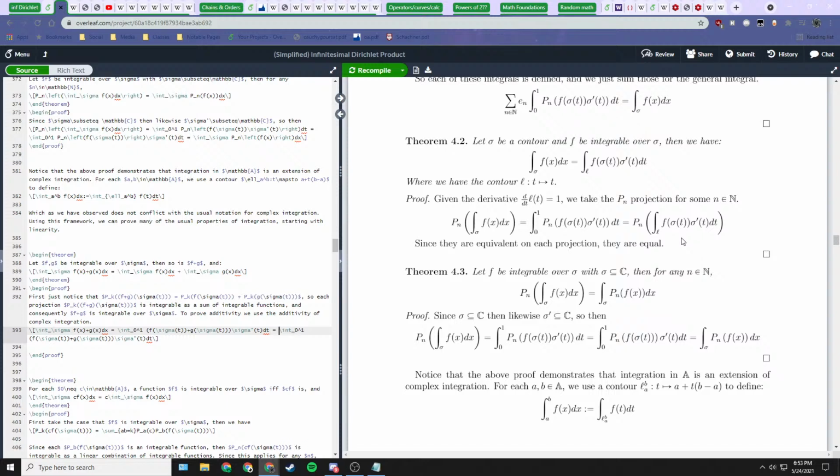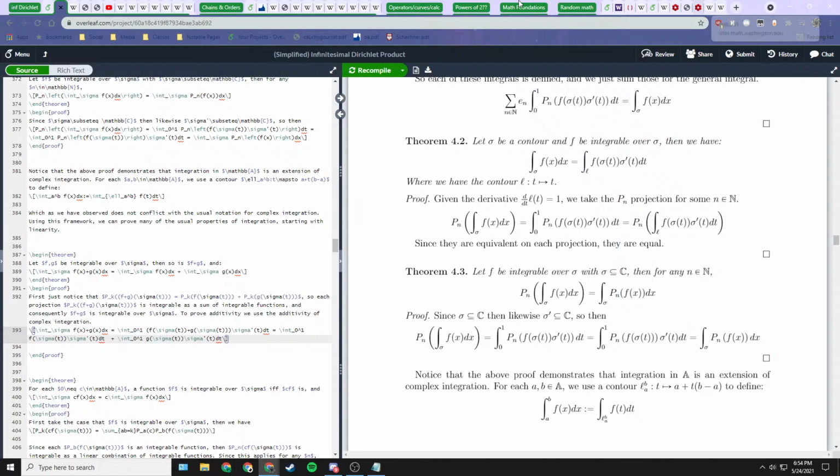So we'll have this integral of f with sigma prime of t dt, and then we add this integral of g with sigma prime of t dt.